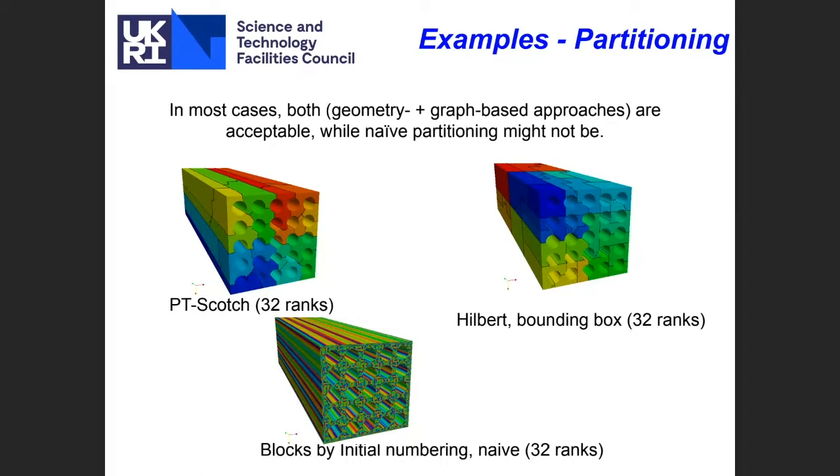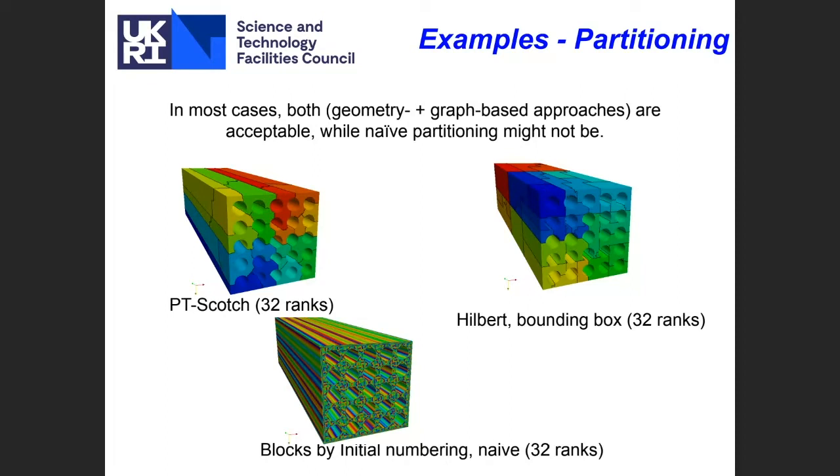There are two main libraries: Scotch, PT-Scotch, which is one, and Metis, ParMetis, which is the second one, and they are based on graph partitioning. The plots here show the colors per MPI rank, and you can see that PT-Scotch and space filling curve Hilbert are quite regular. However, if the initial numbering is really poor and you don't take any action, you get this mix of colors on the bottom slides.